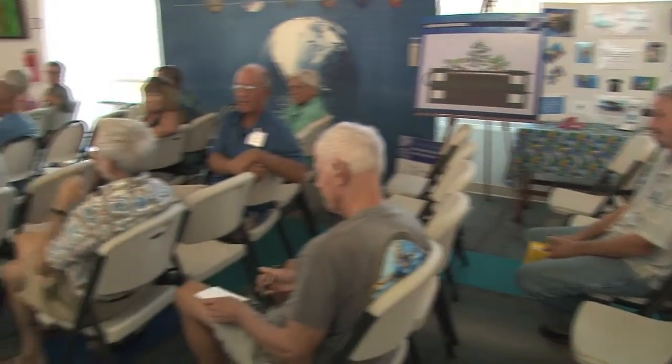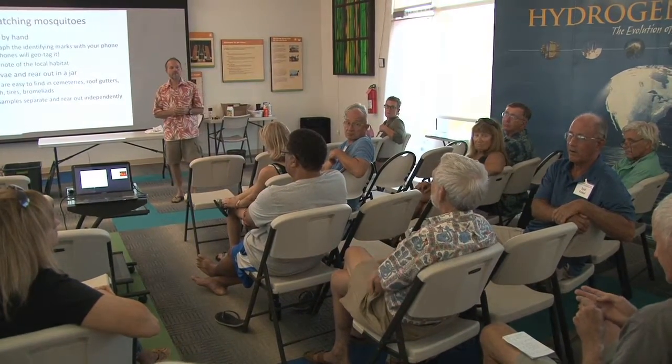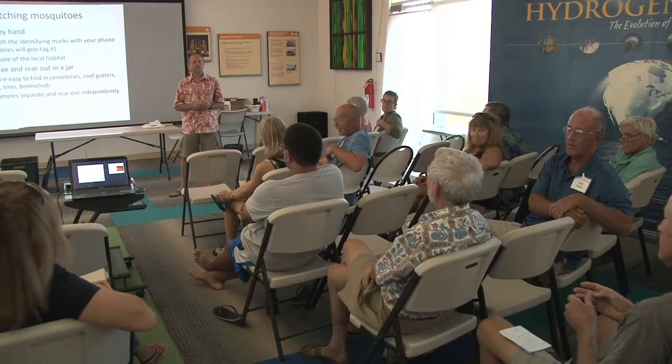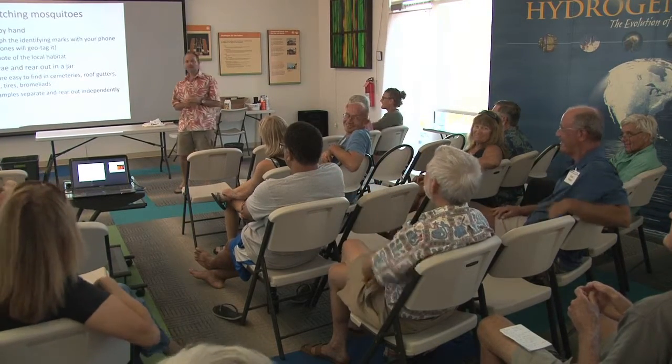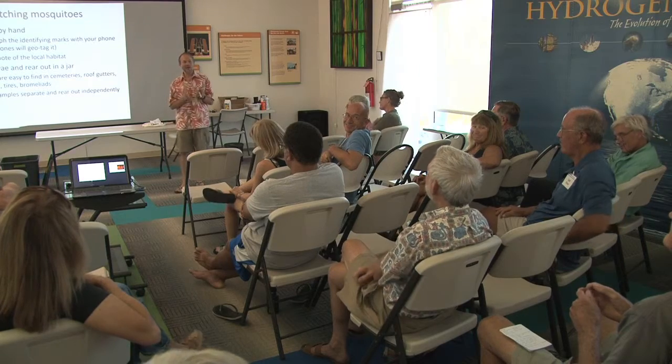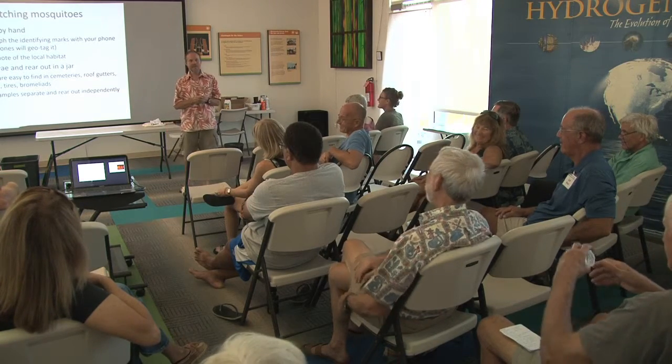If I swat one on my arm and then take a picture of it, can you do an ID from a picture? Let's be realistic here. The question really has to do with how badly mangled it can be and you can still identify it.